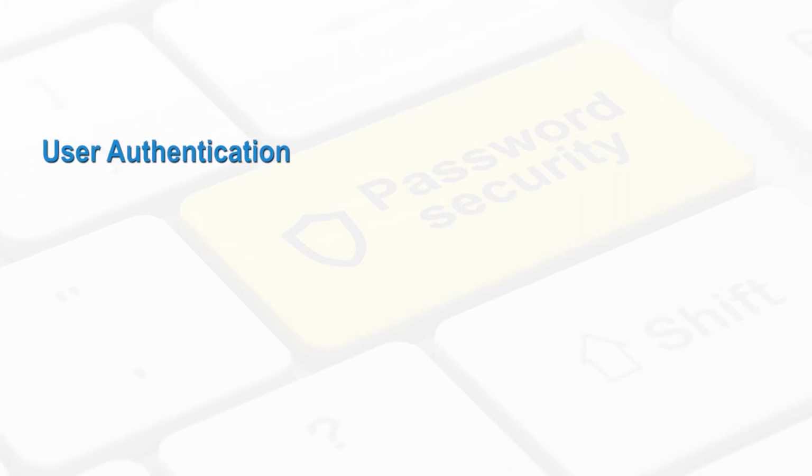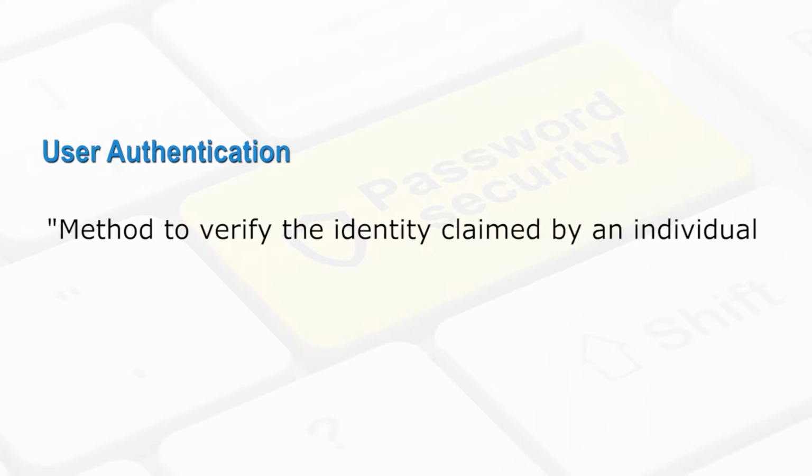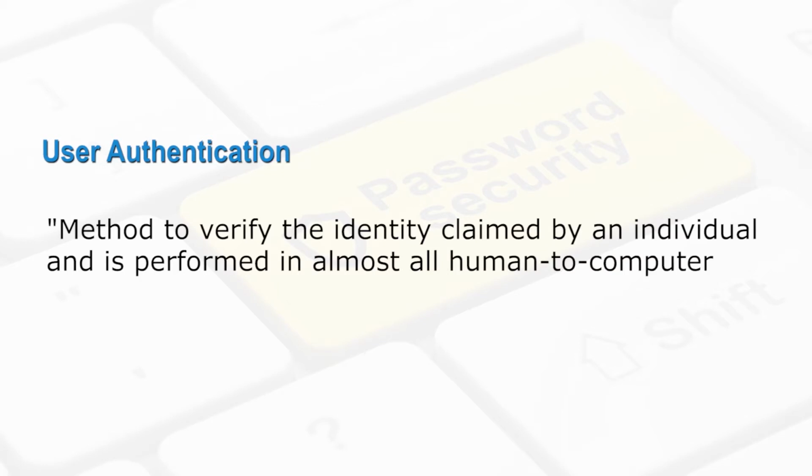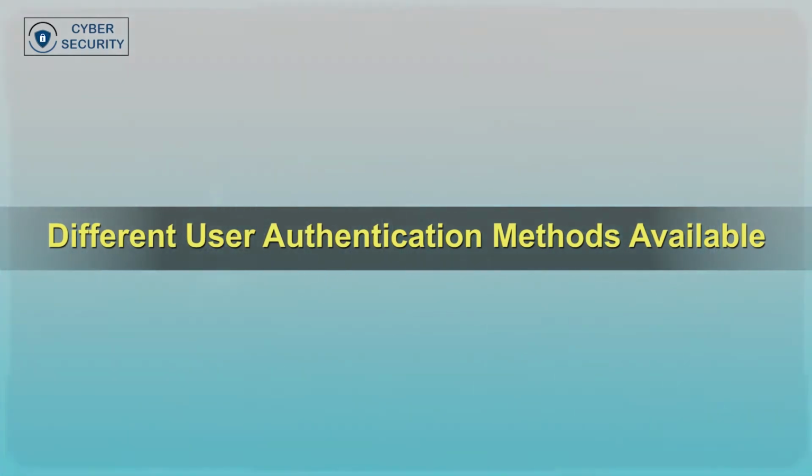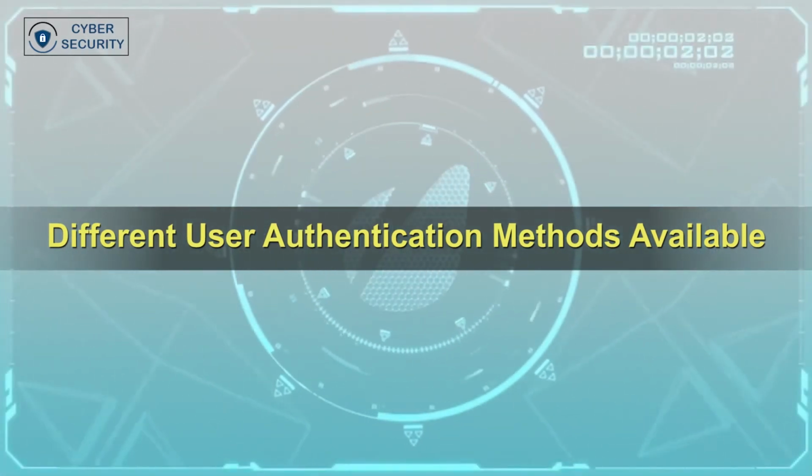User authentication is defined as the method to verify the identity claimed by an individual and is performed in almost all human-to-computer interactions. There are different types of user authentication methods available. Let us see.